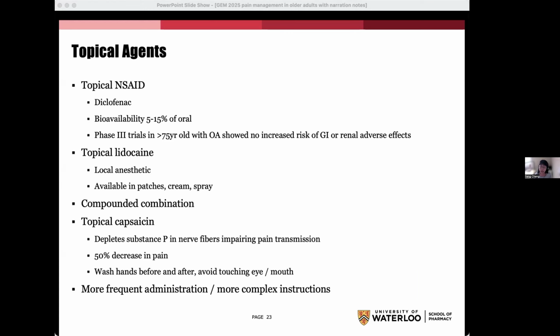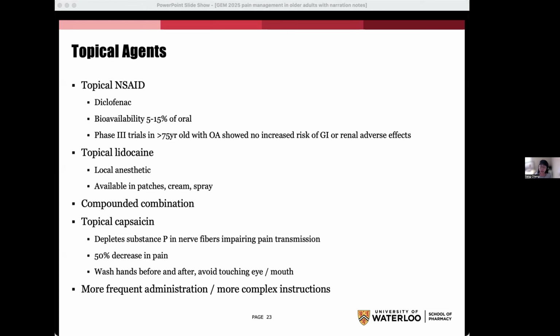And oral agents. So if you are going up to NSAIDs as the next step, NSAIDs are considered to be a part of the Beers criteria medication list. They are very effective, especially for MSK related pain. The problem is when used long-term in older adults, they can cause toxicities. One is GI, right?